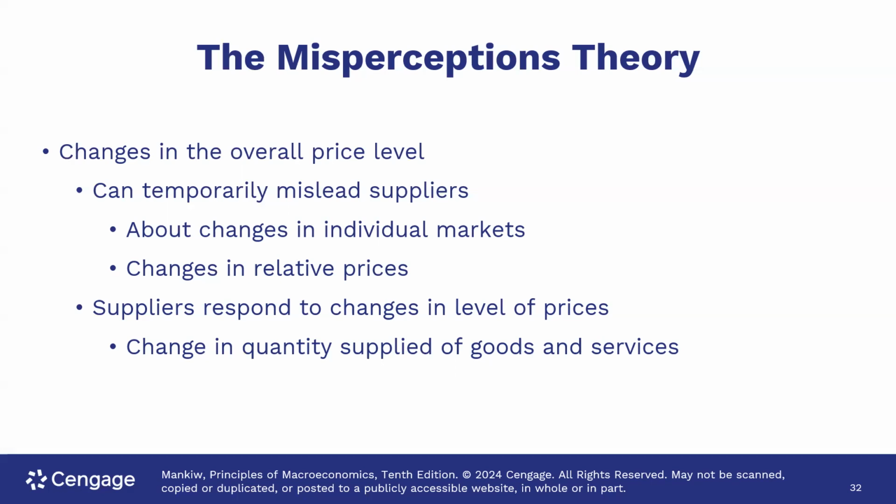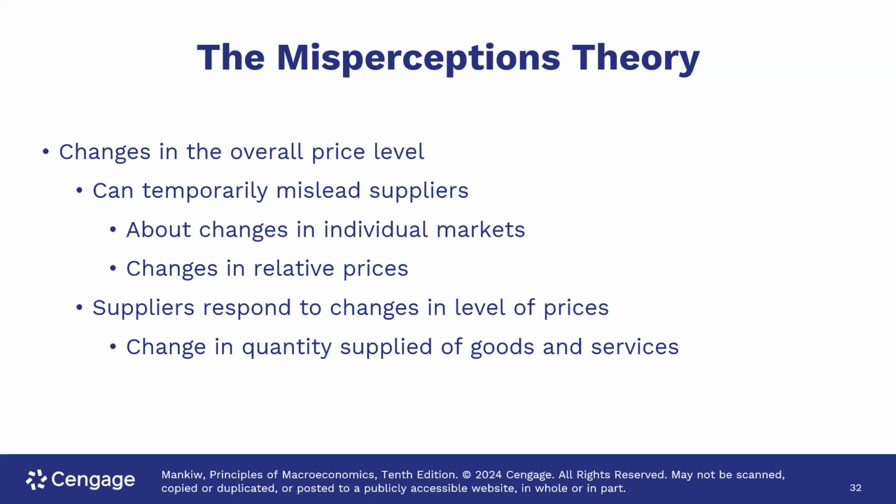changes in relative prices. The suppliers respond to changes in the level of prices with changes in the quantity supplied of goods and services, right? So when the suppliers consider the change in the level of prices as the change of the relative price of their production, what will happen?